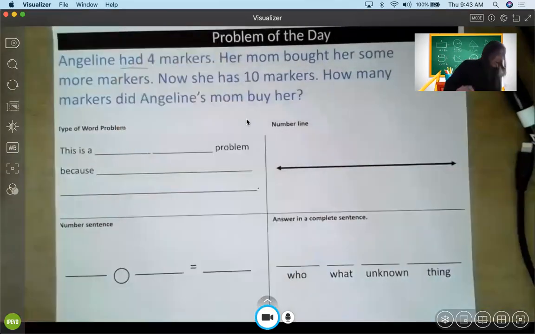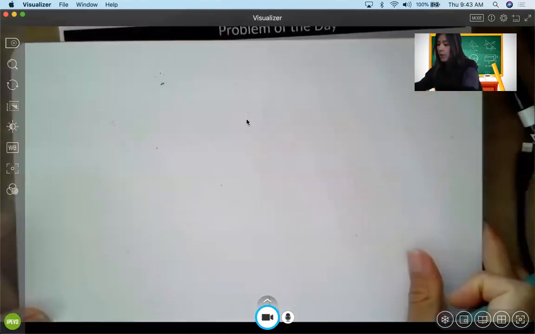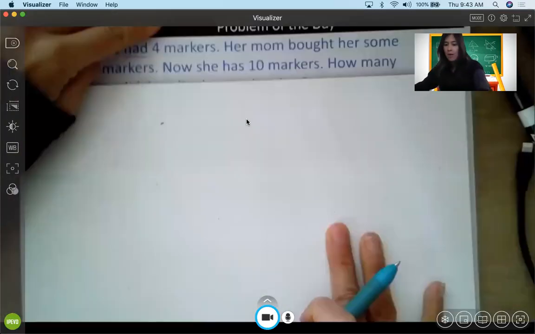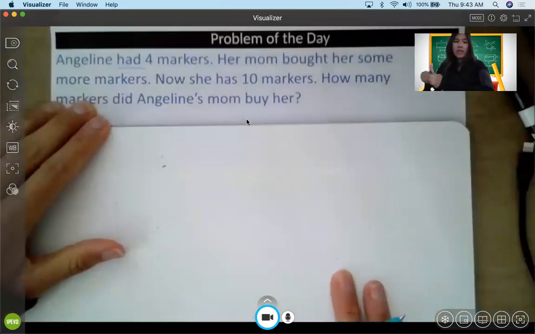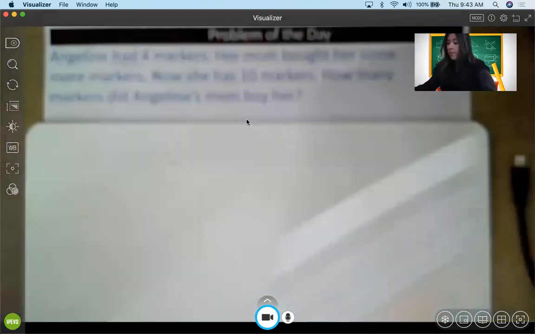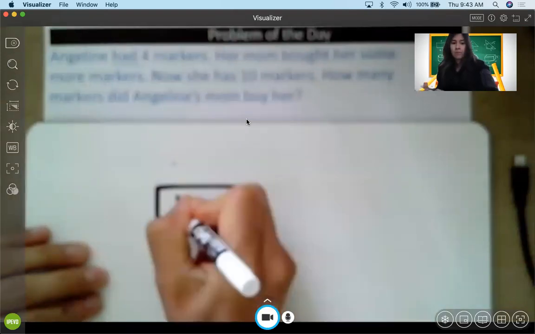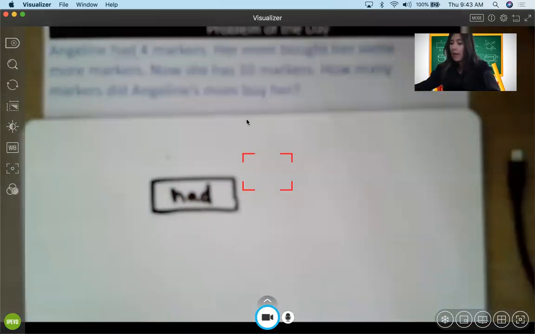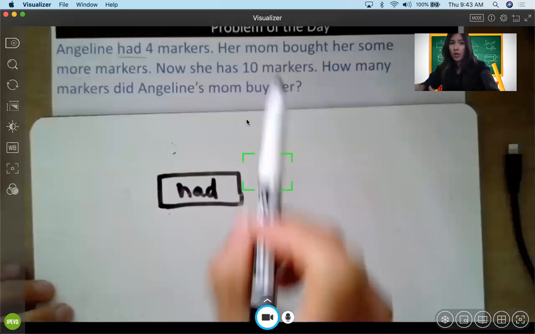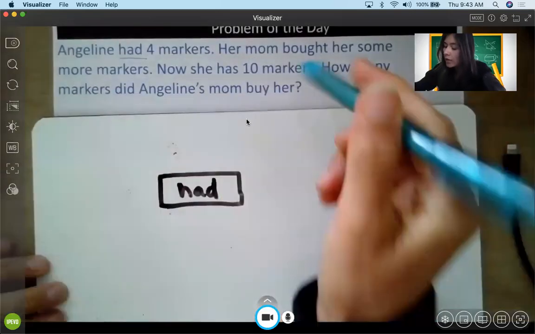So I'm going to go ahead and take my whiteboard and show you what I have in mind, okay? Through a bar model. So Angeline had. And then her mom bought her some more.